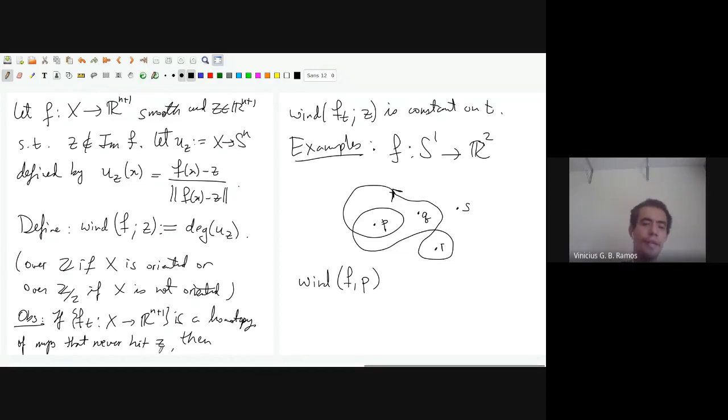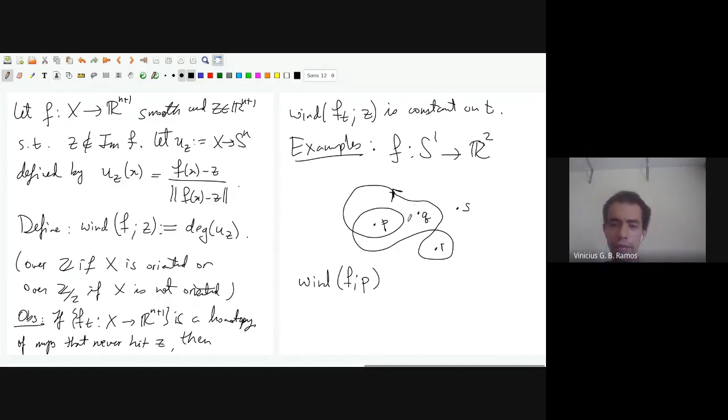It is invariant because if you have a homotopy of maps f_t that never hit z, then you get an induced homotopy of these maps u_z. You just put f_t here, and this will always be well defined. So you have a homotopy of maps from X to S^n, so they have the same degree.